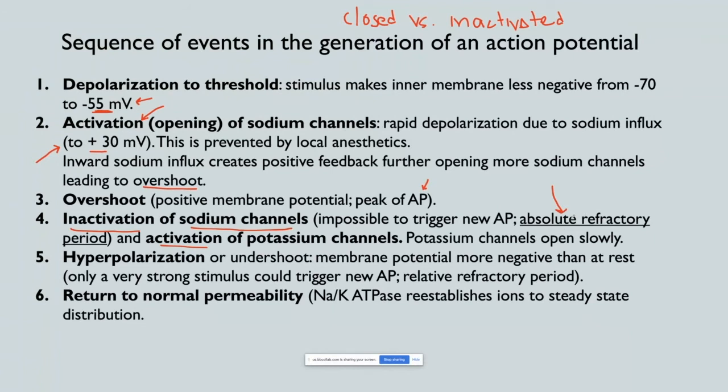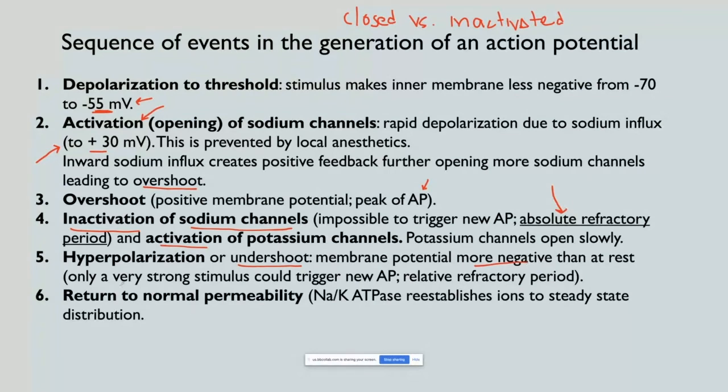But since they open and close very slowly, there is a moment when the voltage inside the cell is going to go below the original resting membrane potential, and we call that hyperpolarization or undershoot. The cell reaches a membrane potential that is more negative than the one at rest.